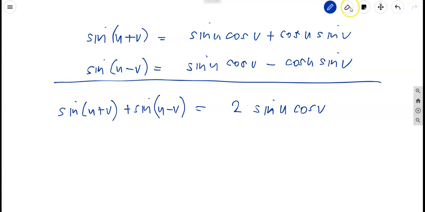Let's try some examples. We are going to use the product to sum formula. Let's say we have sine 4 theta cosine 3 theta. Which formula are we going to use?